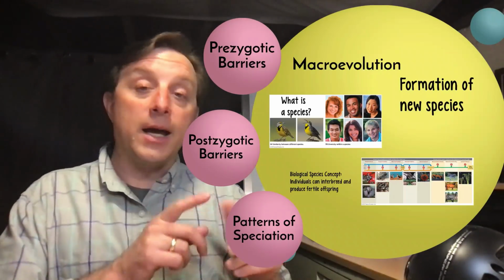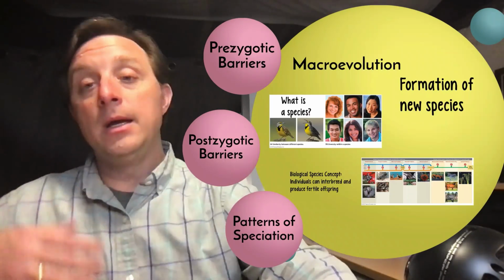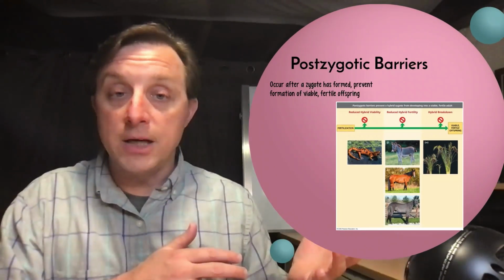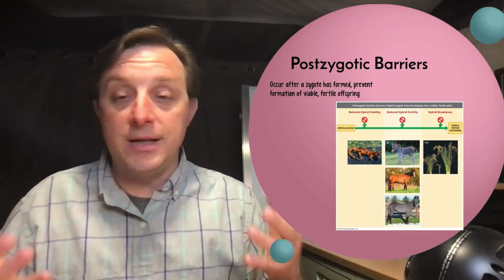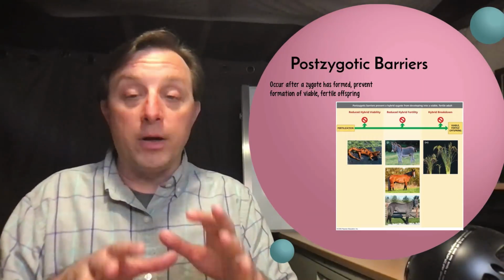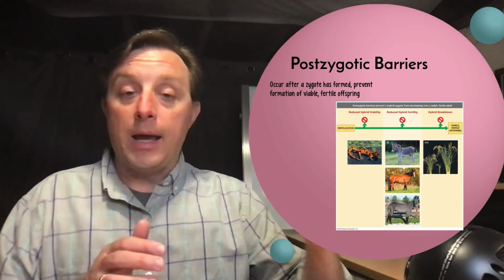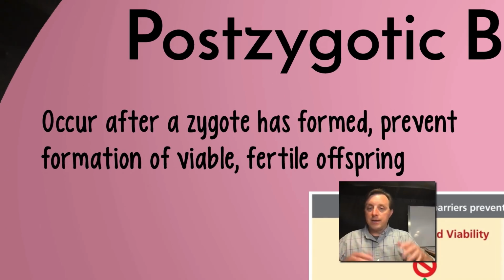The postzygotic barriers occur after a successful fertilization, and oftentimes we'll see that the reproduction is successful in terms of creating an offspring, but that offspring then cannot go on and survive or cannot go on and reproduce. So, like I said, these are after a zygote has formed.